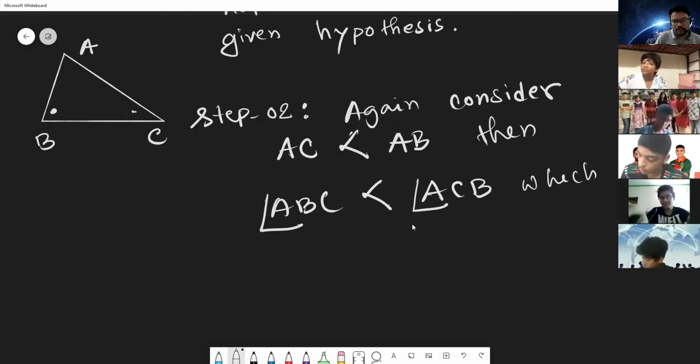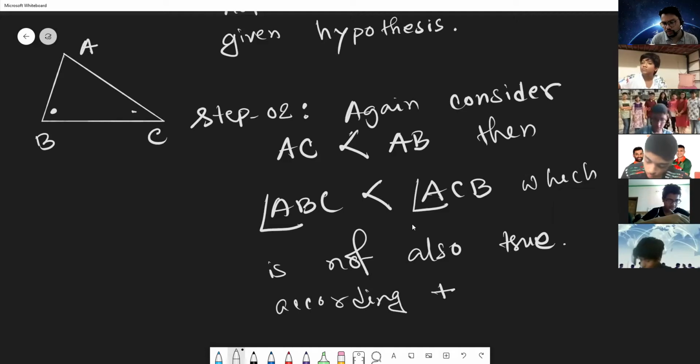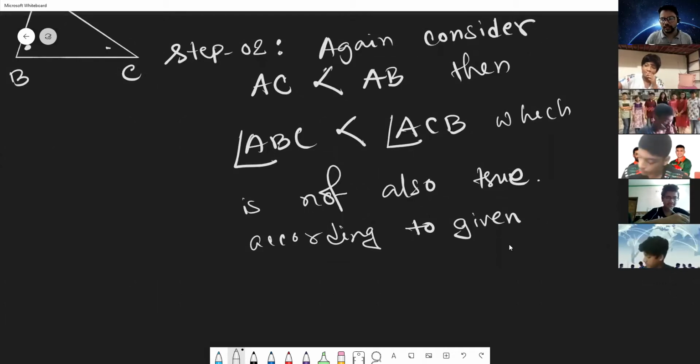Which is not also true according to the given hypothesis. This word is hypothesis.